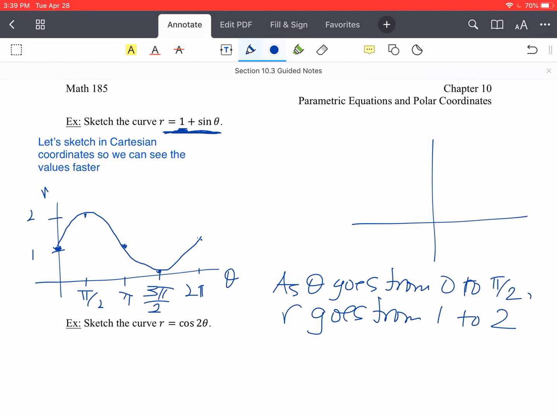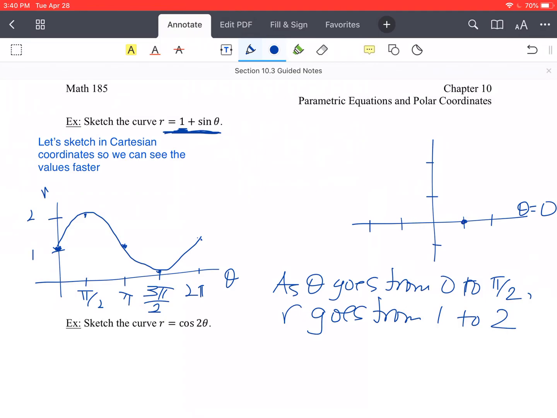So let me get my values in here. So 1, 2, 1, 2, 1, 2, 1 down there. Okay, so we start off at theta equals 0, and it has a value of 1.